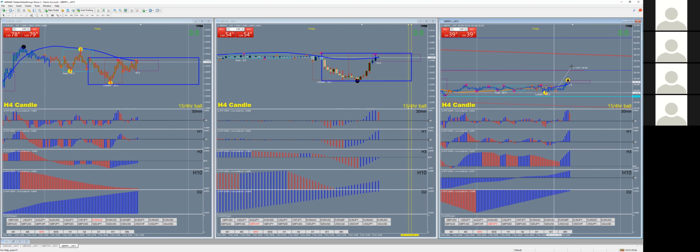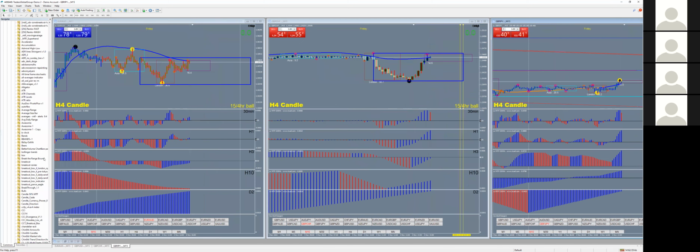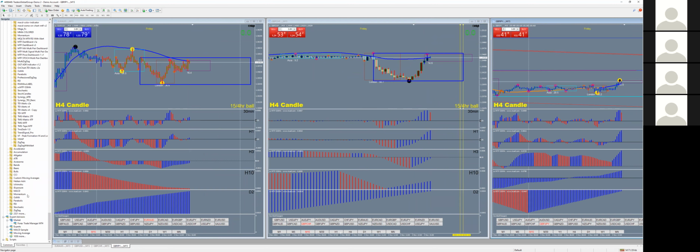This pair moves about what, 120 something? This is pound yen. Yeah, pound yen. 156 I have in my chart, the high, and 154 the low. 154 is high.